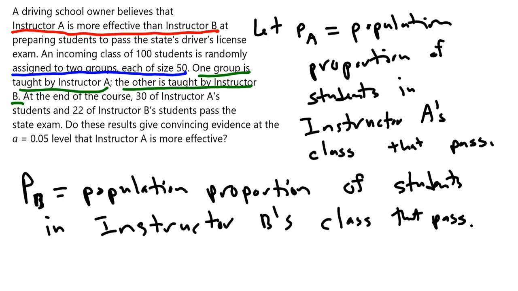And this seems like a reasonable way to compare the two. The question is, is a big enough difference here, say 30 out of 50 versus 22 out of 50, to say, hey, instructor A is really better.